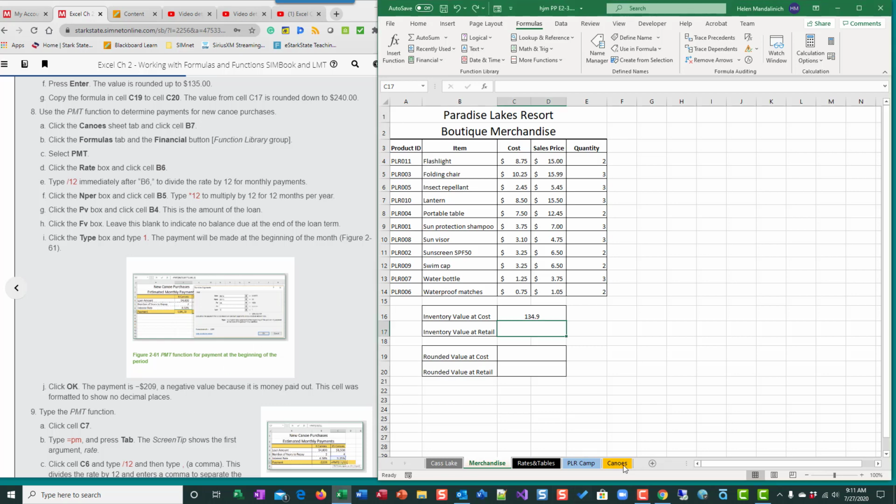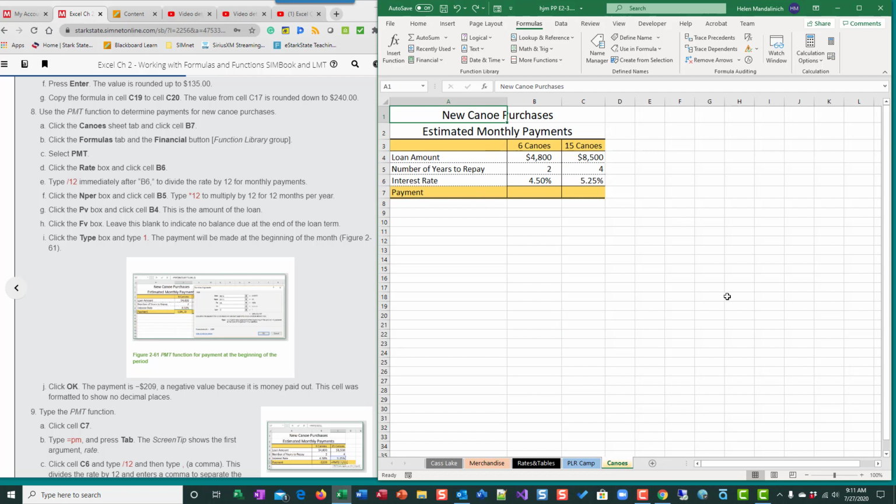So let's go to the Canoes tab, and the scenario here is we're looking to buy 6 and 15 canoes. So we want to see which we can afford, how we can fit it into our monthly expenses. So for 6 canoes, I would have to take out a loan of $4,800.